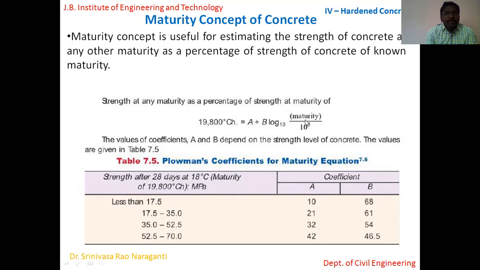For example, say the actual maturity is 19,800, and you are talking about a maturity of 5,000. For 5,000, if you use this equation, we'll find out how much percentage of compressive strength was attained by the concrete.